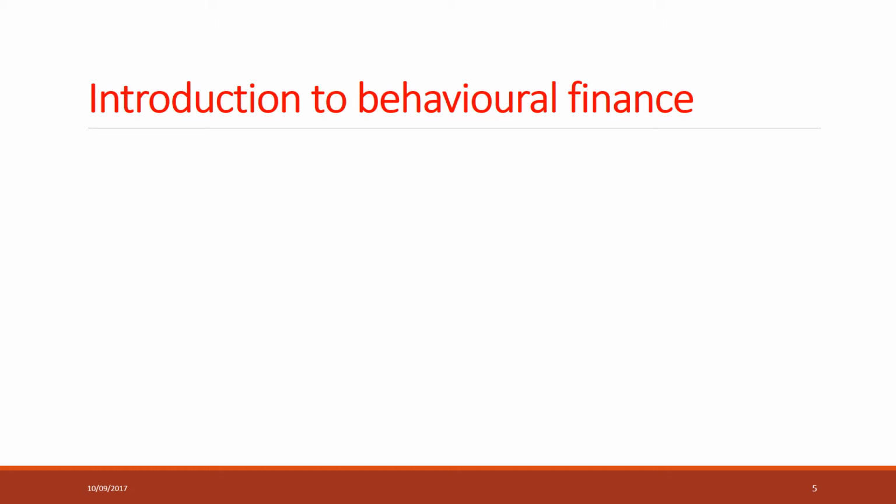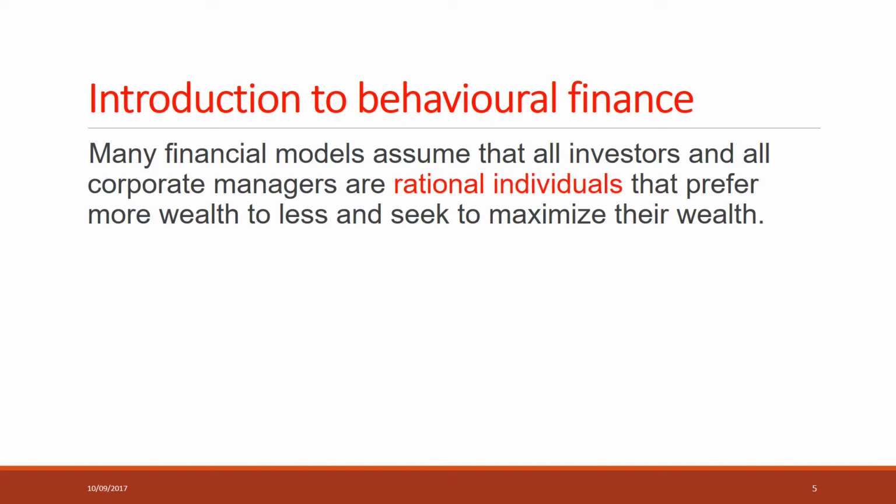So last week when we looked at market efficiency, one of the important assumptions of the model is that investors are rational, meaning that if they have the same information, they will be able to analyze the information efficiently and they would be able to react correctly to the information. Yeah?